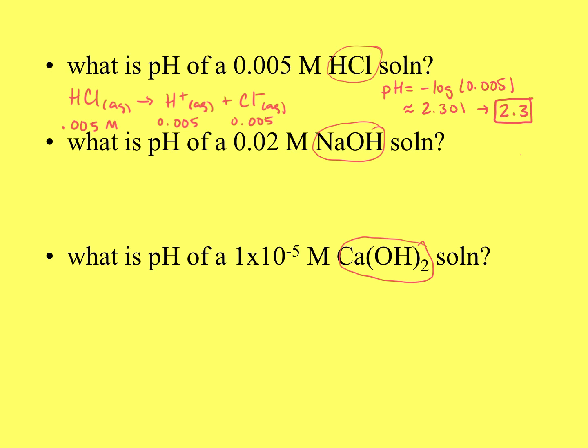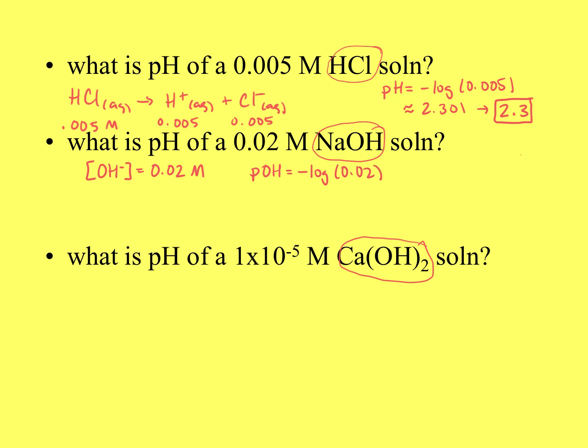Okay, for the second one, NaOH is a strong base, so its hydroxide concentration equals the concentration of the base itself. We're going to first find out what the pOH is. So negative log of 0.02.